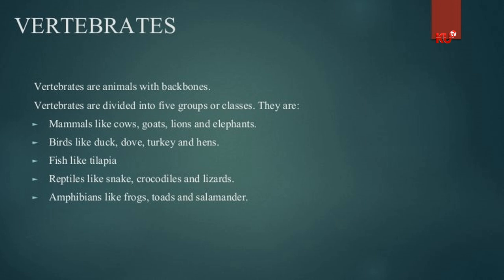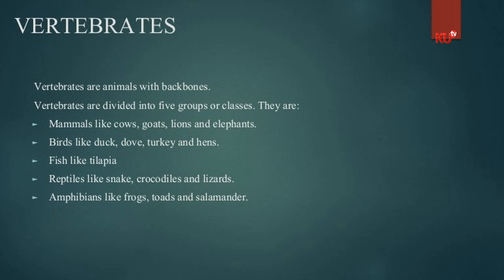And again, in grade 5, we learned that vertebrates are divided into 5 groups. We can say 5 groups, 5 classes, or 5 categories. That is the grouping or classification of vertebrates.